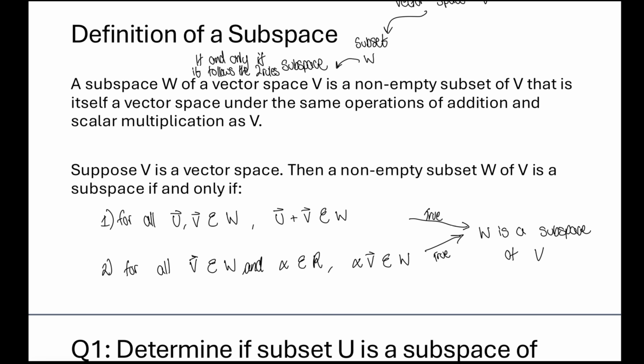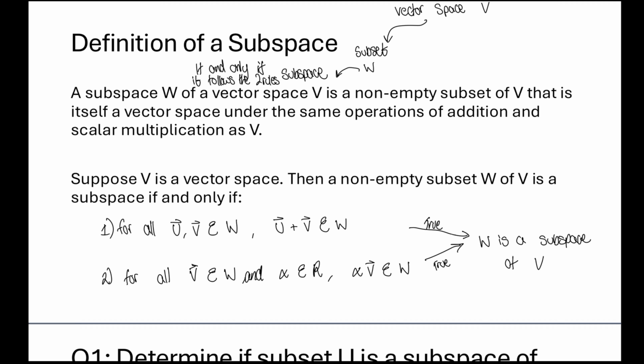The definition of a subspace is that if we have a vector space, then we could have a subset from that vector space, and that subset becomes its own subspace if it follows the addition and scalar multiplication rule.